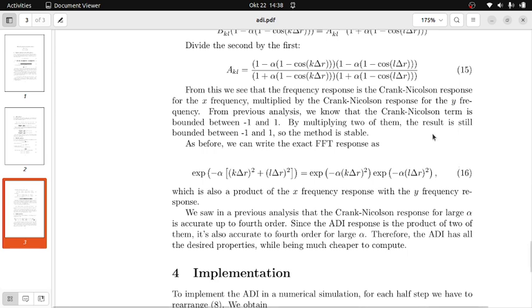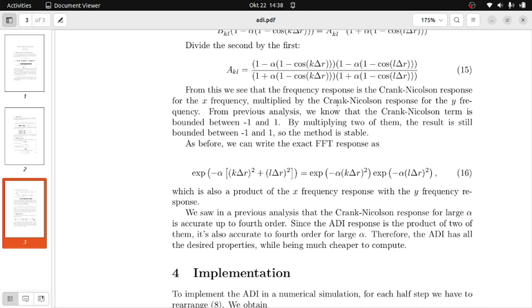And if you remember, the reason we chose the Crank-Nicolson method in the first place was because if you expand this term on the left and compare with the exponential, for a large alpha, they agree up to fourth order in the frequency, right? And then here we have the same thing, because since each of these terms is accurate up to fourth order, the whole thing is accurate up to fourth order.